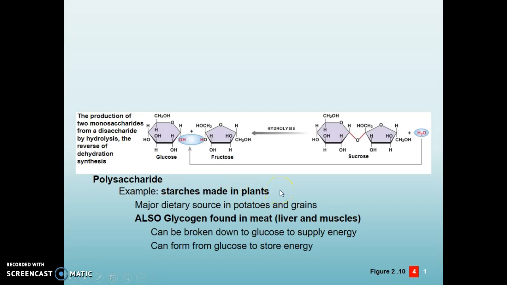But animals can also make a polysaccharide. Animals eat starch and then store excess glucose in the liver as glycogen. So when an animal requires more blood glucose, it breaks down the glycogen in the liver and the muscles to supply the glucose.